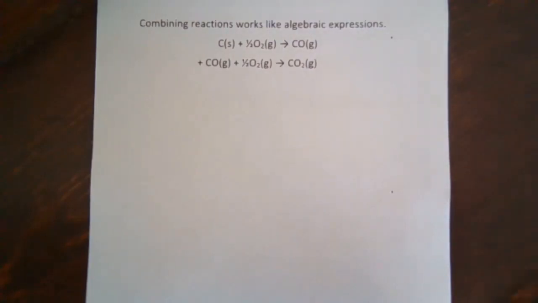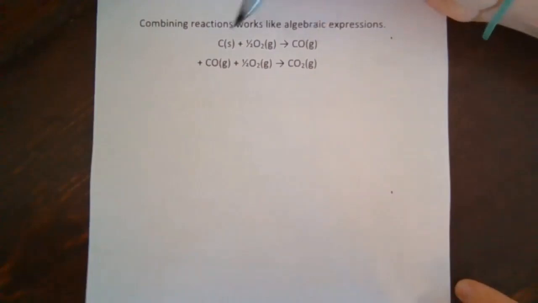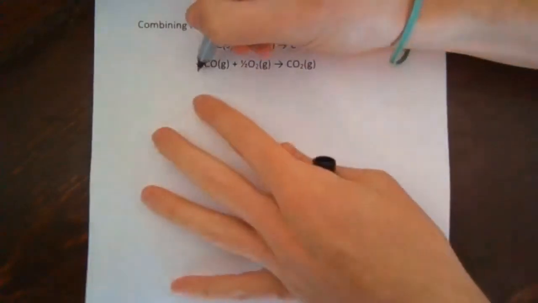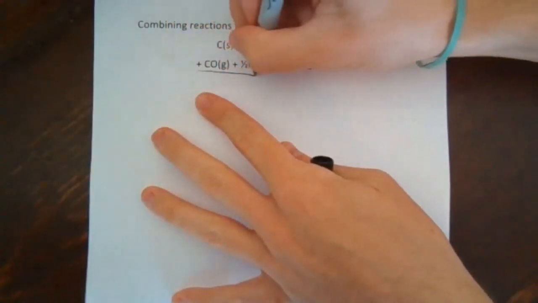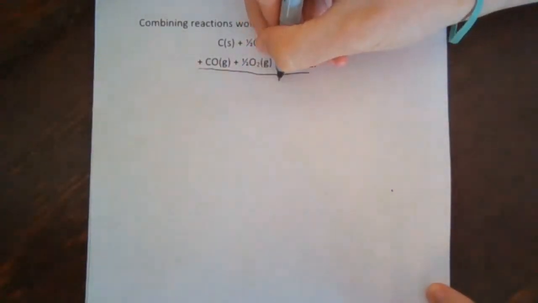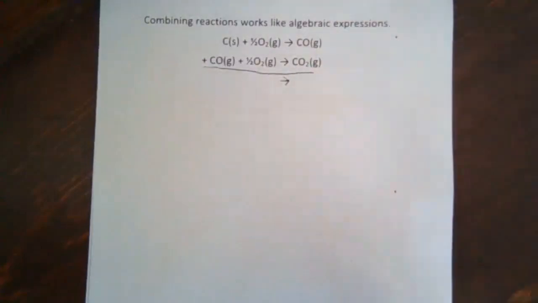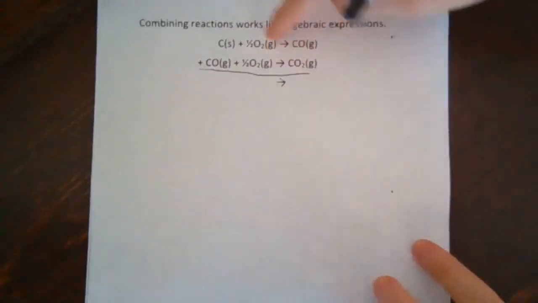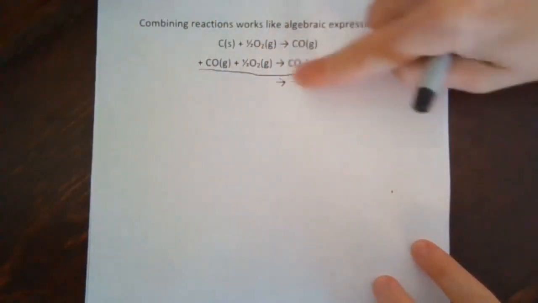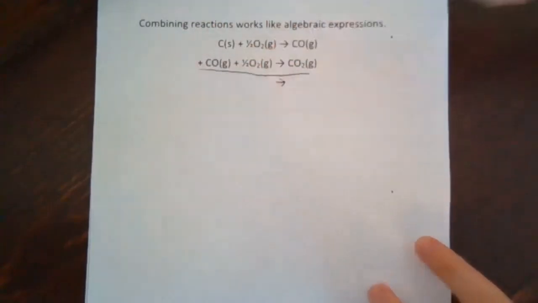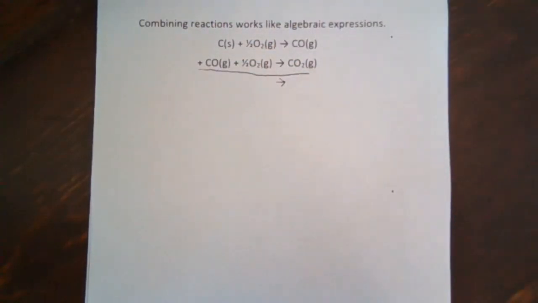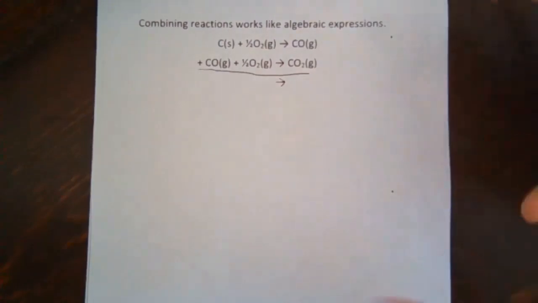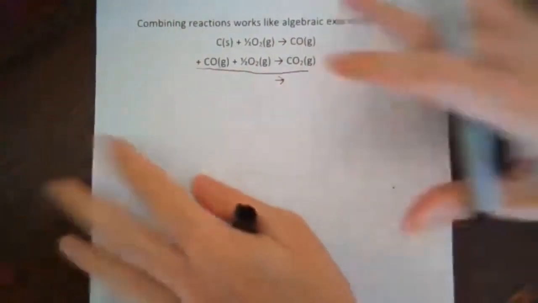So combining reactions, we can see I have carbon plus oxygen gives me carbon monoxide. Carbon monoxide plus oxygen gives me carbon dioxide. Carbon and oxygen are the only elements in here, so everything's related. When we want to add them together, we can imagine that this arrow is similar to an equal sign in an algebraic expression. This is everything on the left-hand side, and this is everything on the right-hand side. So all of the reactants for both are going to combine into all being reactants for one single reaction.